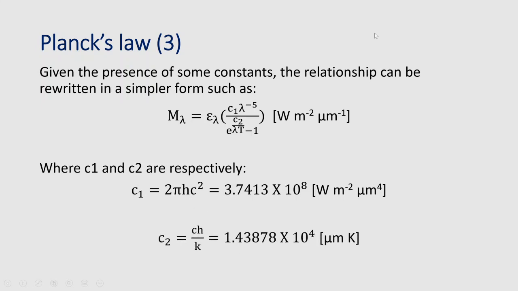So we can rewrite Planck's equation in this way. And so now it's very clear that, being C1 and C2 two constants, and the emission a function of lambda, the only variable of the system, the only unknown, is the temperature, capital T.